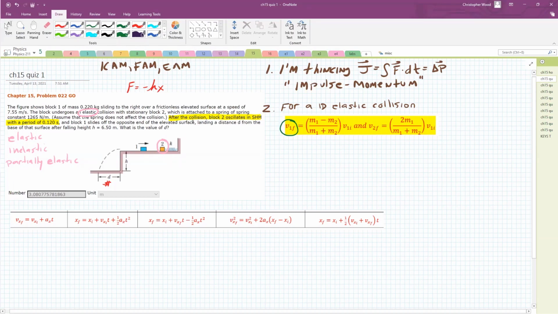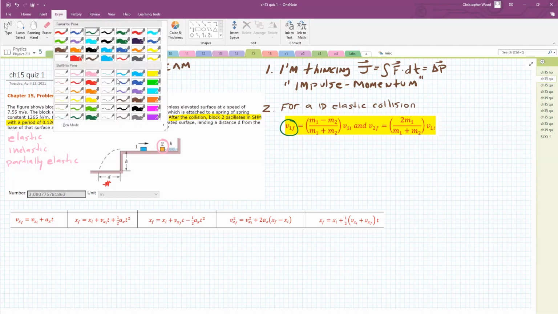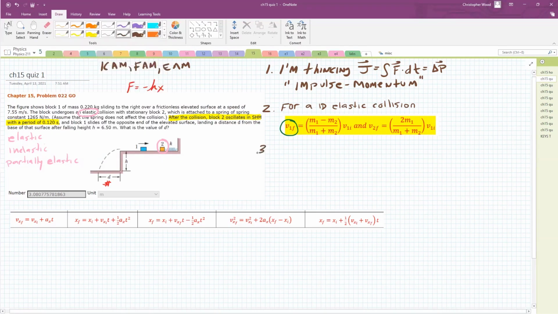Okay, let's go ahead and run with that. Number 3. V1 final, the velocity of block 1 after the collision, is going to equal M1. Do I have M1? Yeah, it's 0.220 kg. The mass of block 1 is 0.22 kg, minus M2.